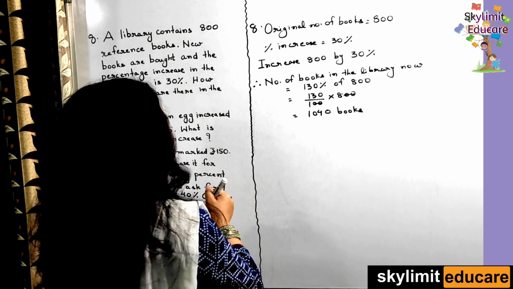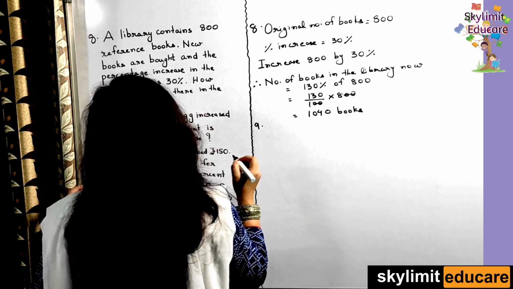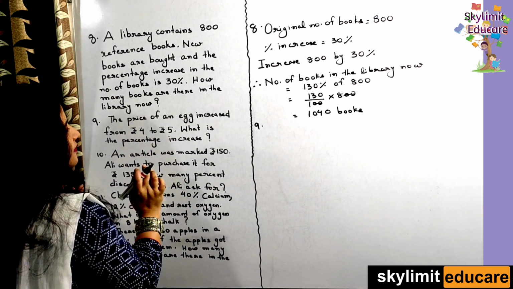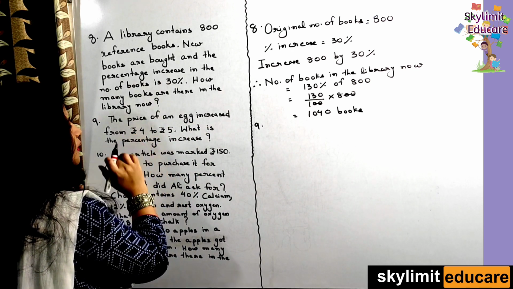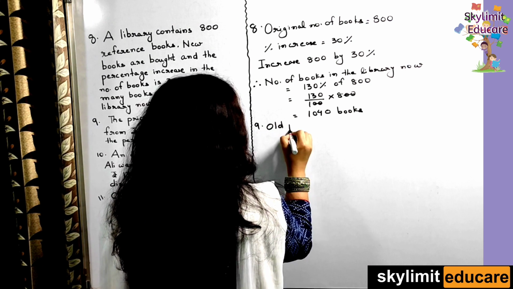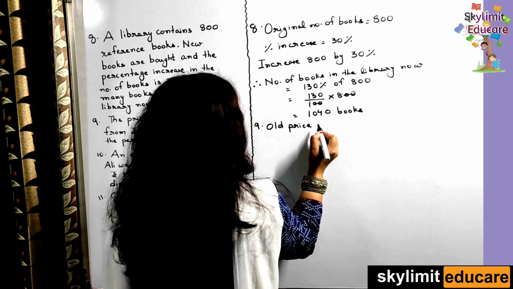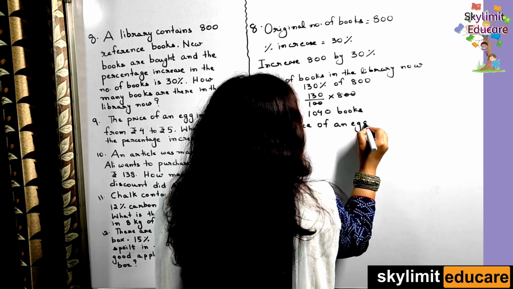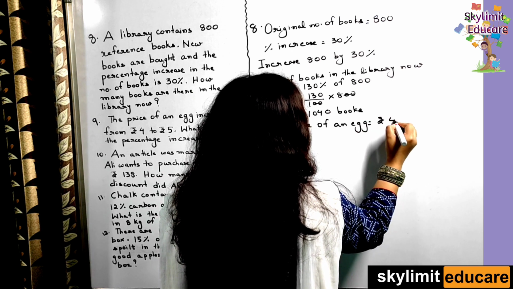Let's come to the next question now. Question number 9. The price of an egg increased from rupees 4 to rupees 5. So what was the old price? Let us write it down. Old price of an egg is rupees 4.